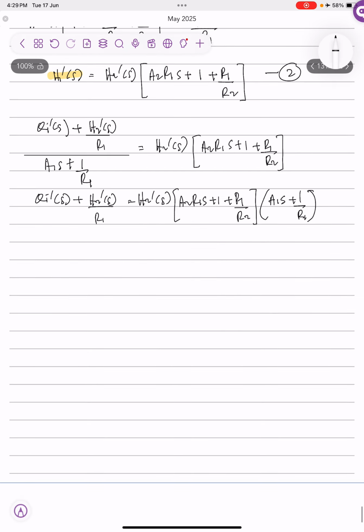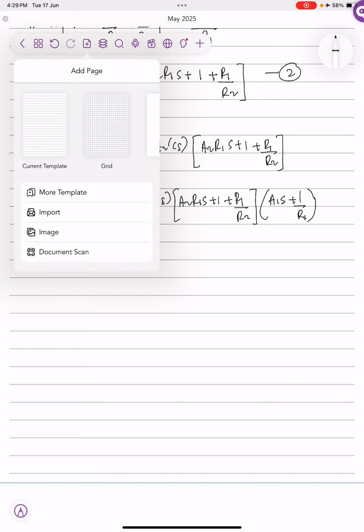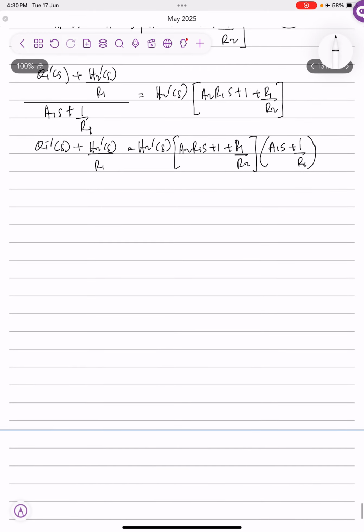Then we expand and multiply the two terms in brackets.